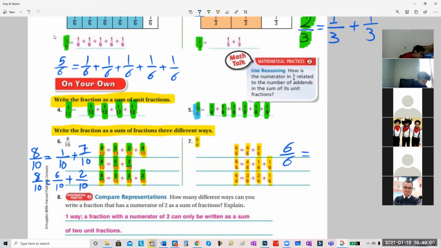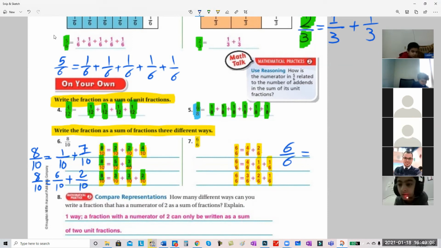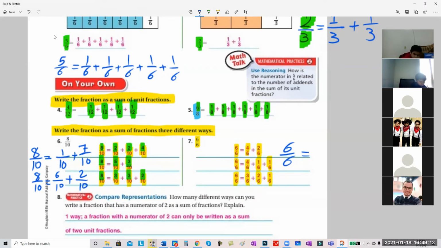Okay, who can help here? Wissam Said, can you help? Okay, so tell me. 6 over 6, can we write it in another way? Hassan, can you help?